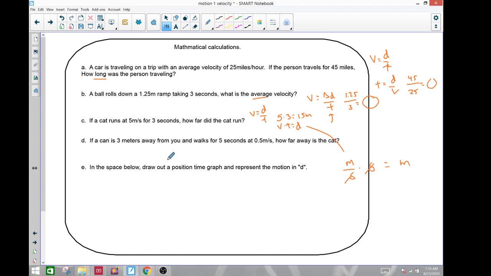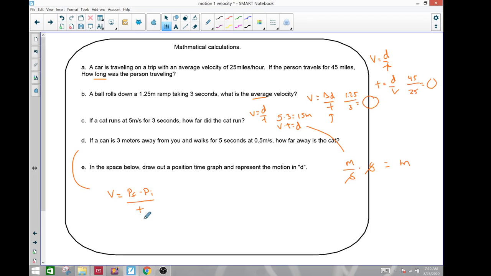So my unit's meters. If a cat is 3 meters away from you and walks 5 seconds at 0.5 meters per second, how far away is the cat? All right, so you can think of this logically here, but let's just do a little math here. Okay, so velocity is equal to change in distance, so position final minus position initial divided by your change in time.